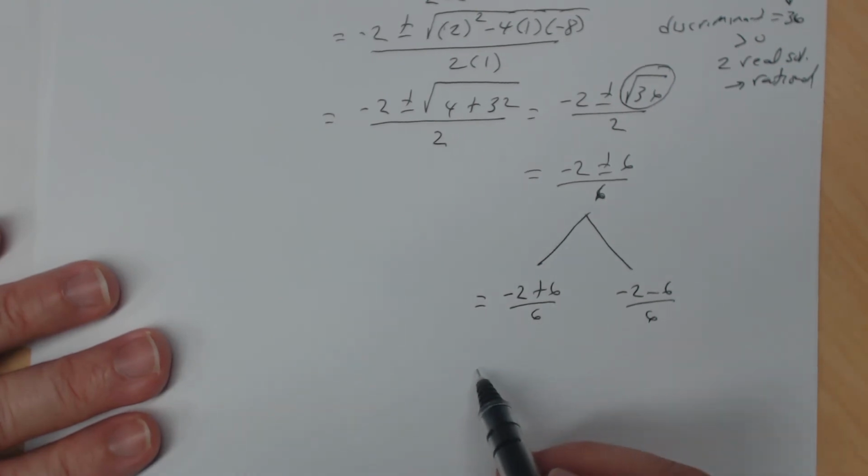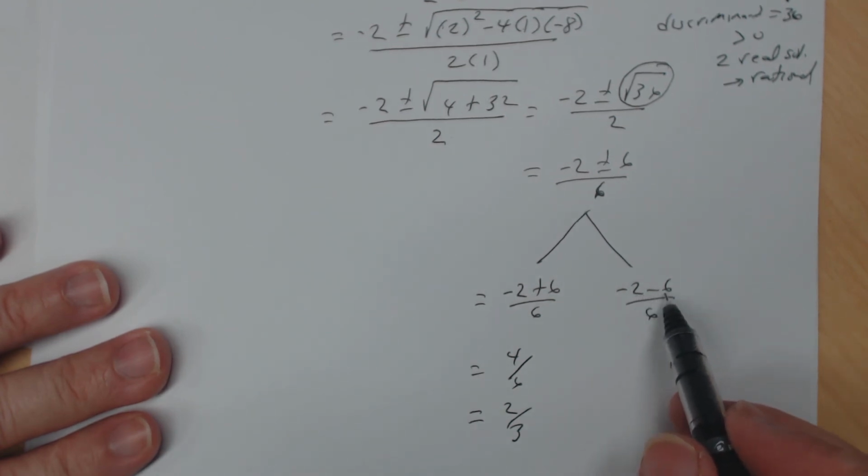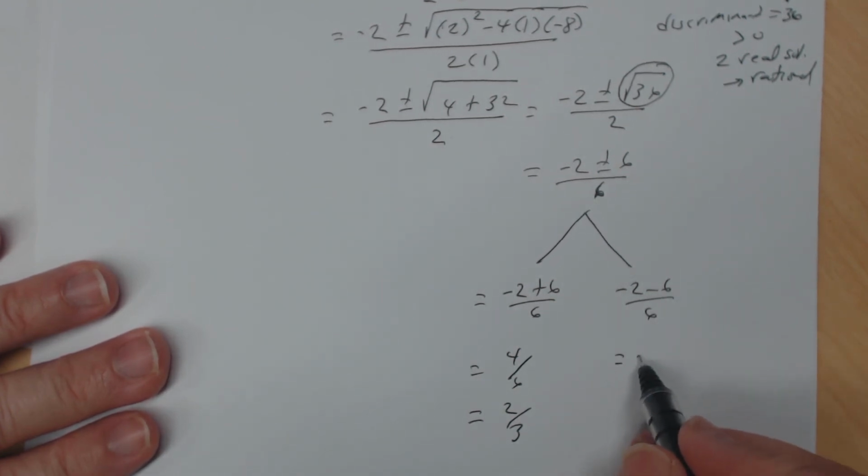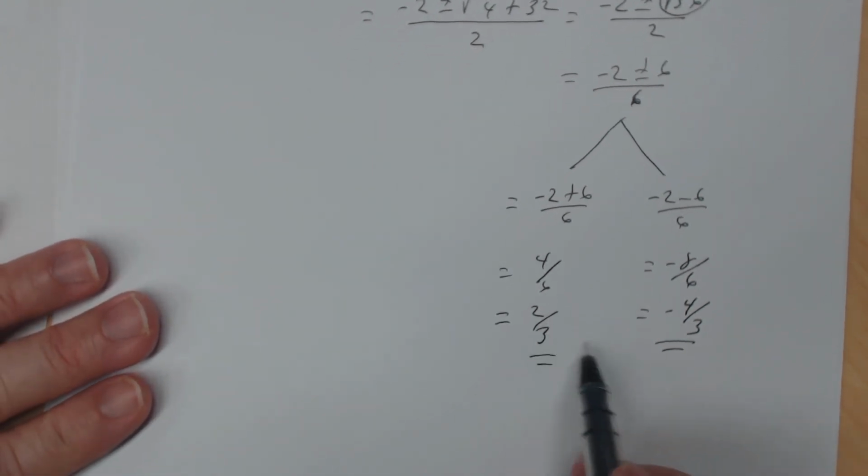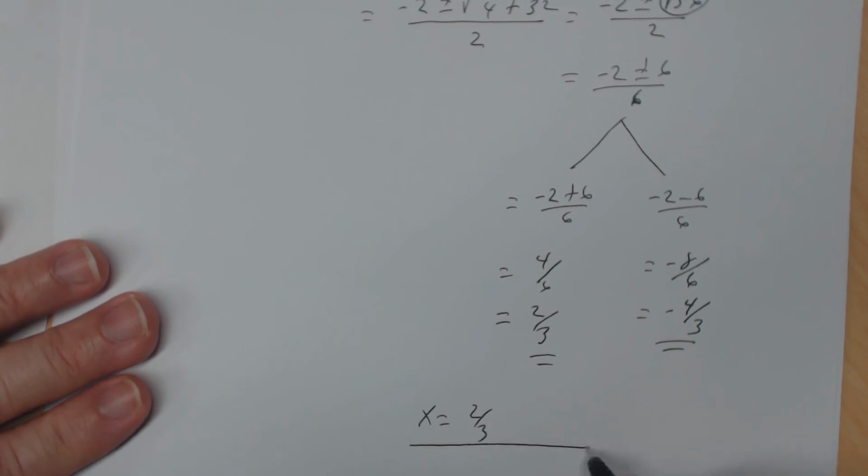Negative 2 plus 6 is 4, so I get 4 over 2, which reduced is 2. Over here, negative 6 and a negative 2 is a negative 8 divided by 2, so I get negative 4. So those are your 2 solutions. Notice they're rational numbers.